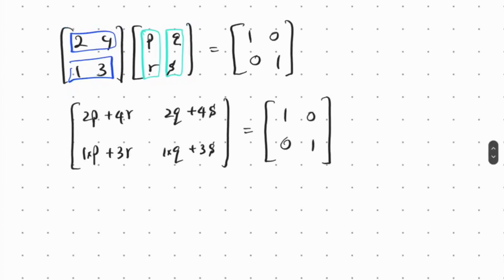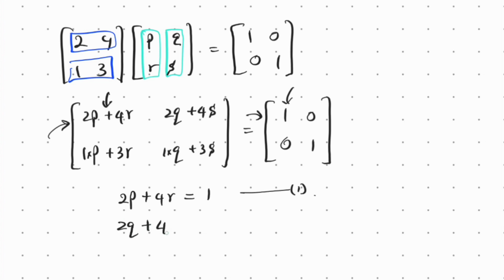Now, since these two matrices are equal to each other, the corresponding elements need to be equal. So the first row first column element here has to be the first row first column element there. That way we get 4 equations. 2P plus 4R is equal to 1, that's one equation. Then 2Q plus 4S is equal to 0, and this is going to be the 2.